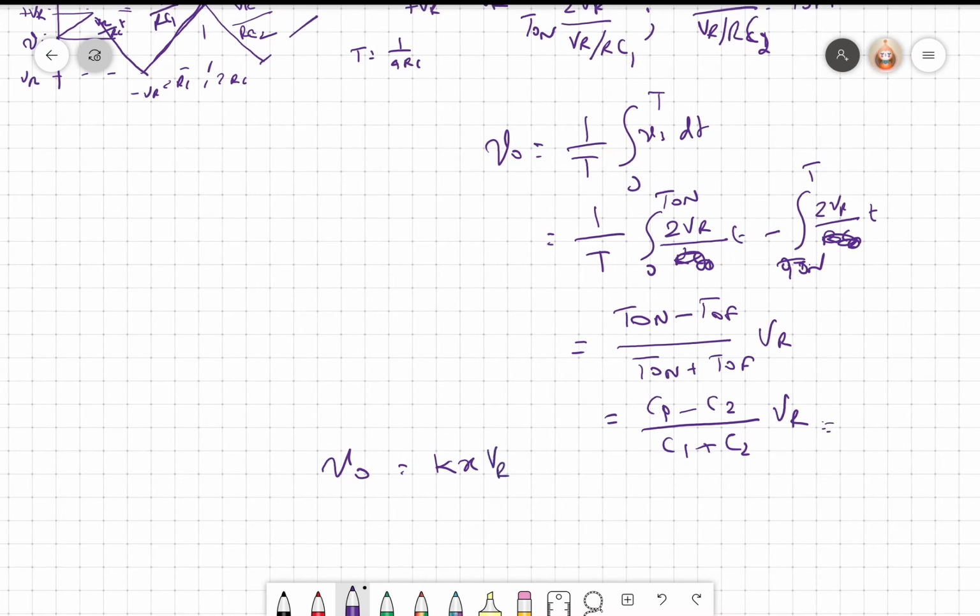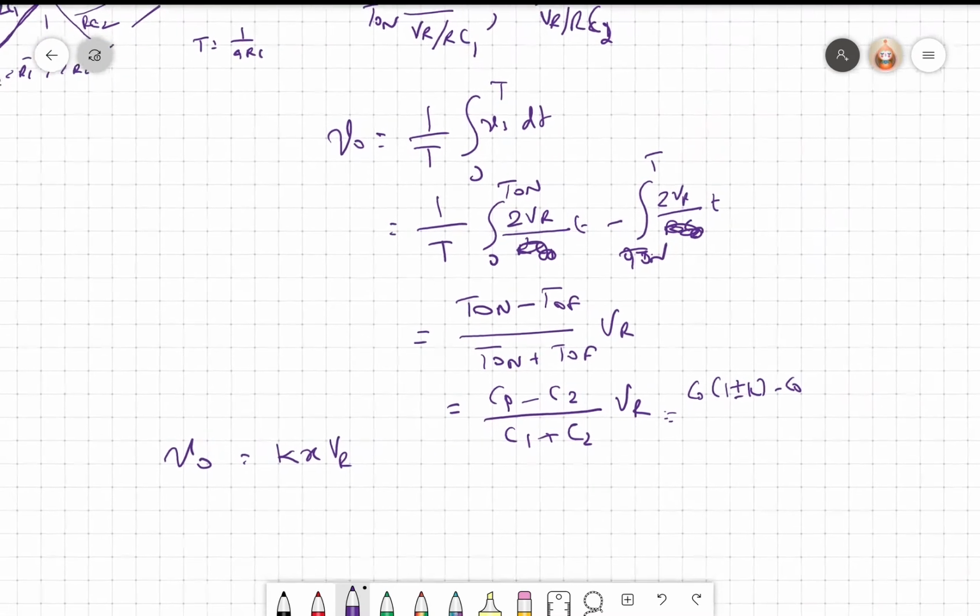This is C naught into 1 plus or minus kx minus C naught into 1 minus or plus kx divided by C naught into 1 plus or minus kx plus C naught into 1 minus or plus kx.